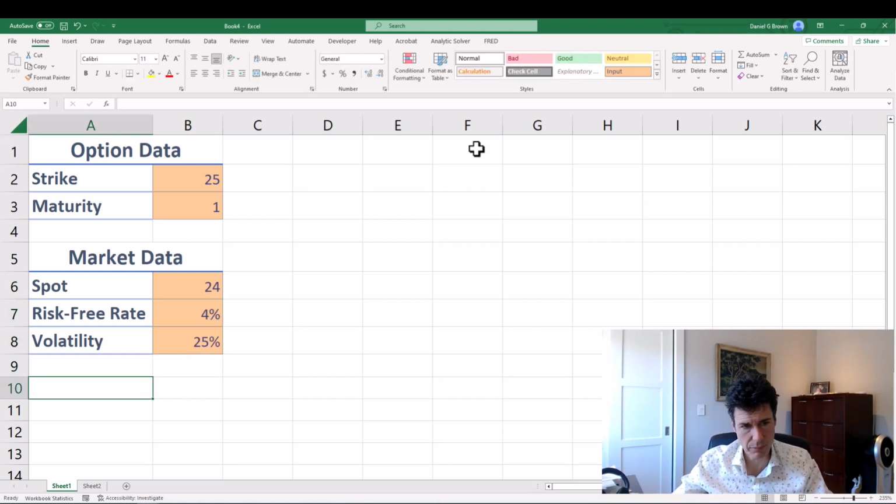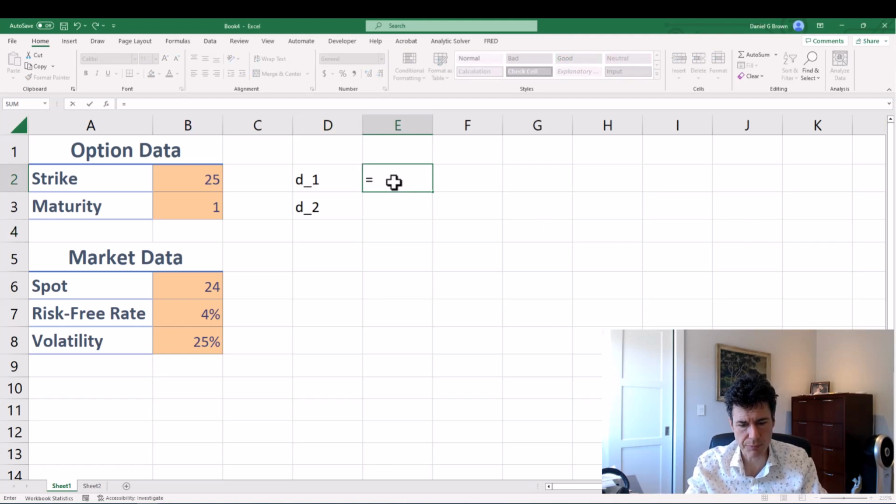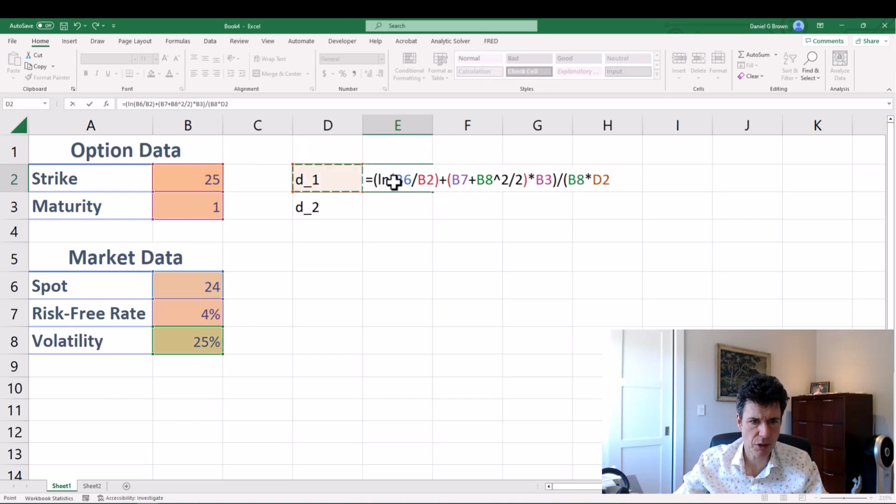Okay, so to price, why don't we do over here? We need D1 and D2. So let's see here. D1 is the natural log of spot divided by strike, plus the risk-free rate plus the volatility squared divided by 2, times the maturity, divided by the volatility times the square root of maturity.